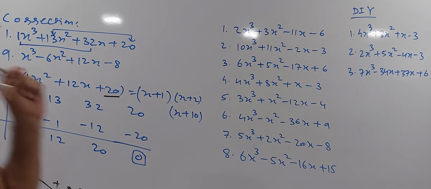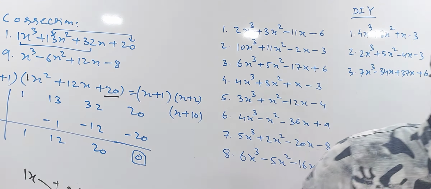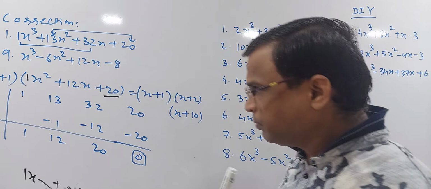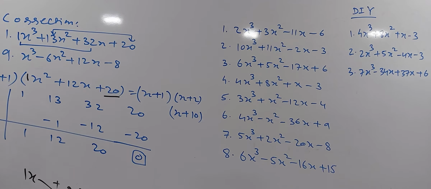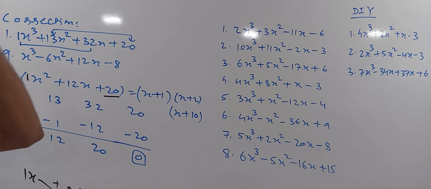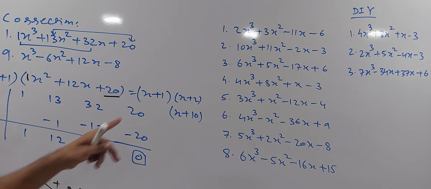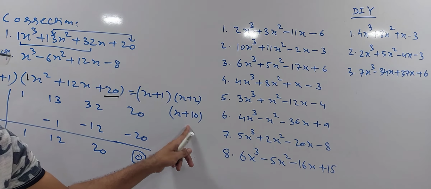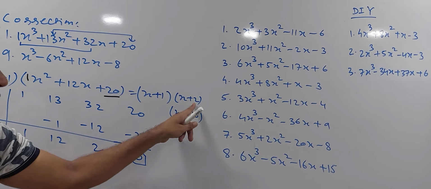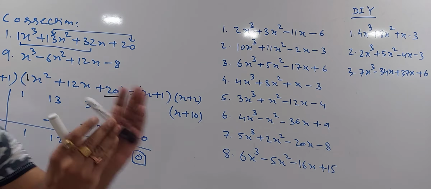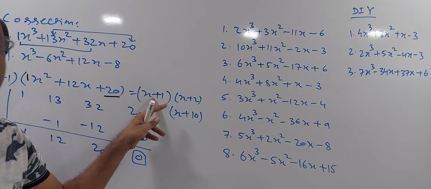When you have 3 sign changes in f of minus x, then according to Descartes' rule of signs, we have a maximum of 3 negative roots, or 1 negative root and 2 imaginary roots. But here we are getting all 3 roots to be negative. The roots of this equation will be minus 1, minus 2 and minus 10. When the roots are negative, that means the factor is attached with a plus sign.